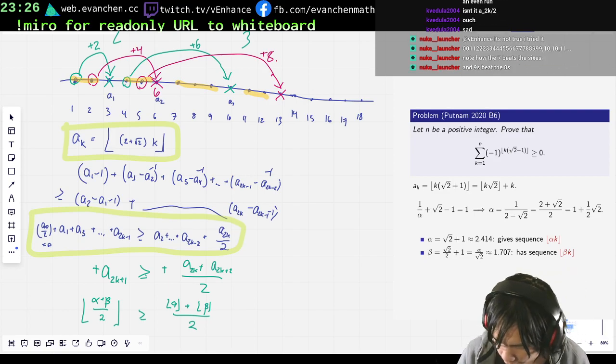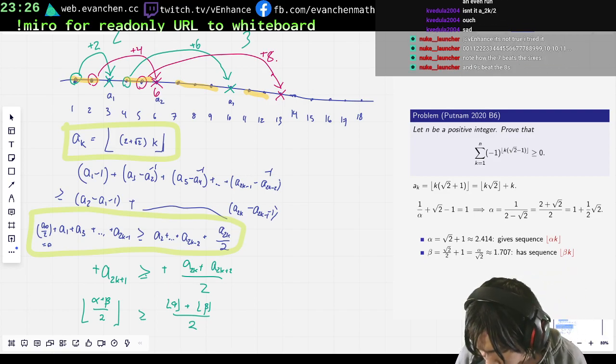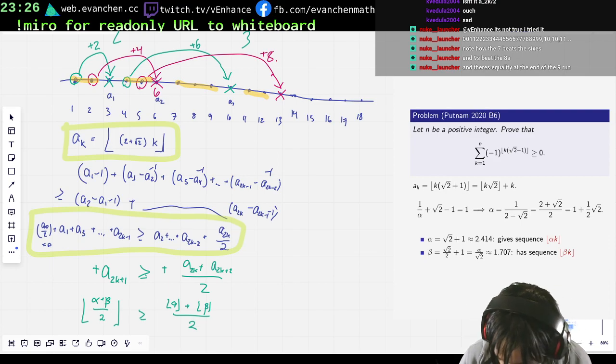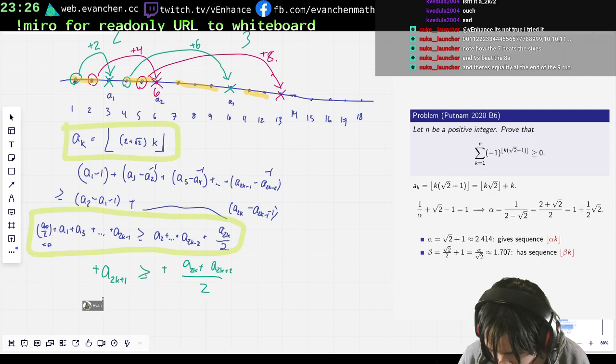So this inequality is definitely not true. Yeah, that's too much to hope for. Okay, that's fine. Back up. Okay, so we're not going to look at just one change.